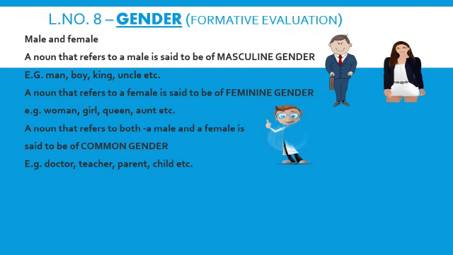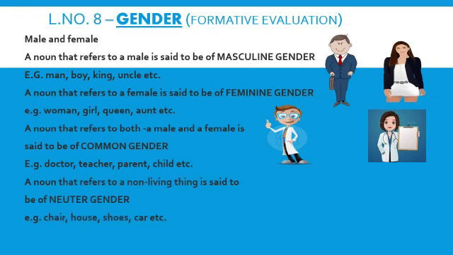For example, it can be a male doctor or a female doctor. It can be a male teacher, it can be a female teacher. You simply say teacher. Teacher means it can be anyone, either a male or a female. So that type of gender is common gender.